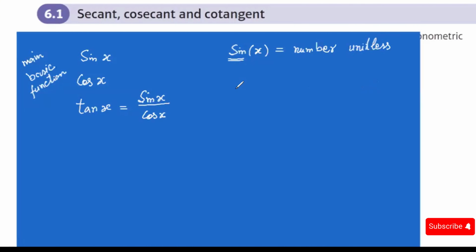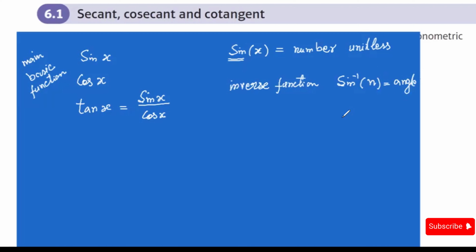Then the next thing is the inverse function. When I say the inverse function, that means the sin inverse of some value n will result in the value of an angle.